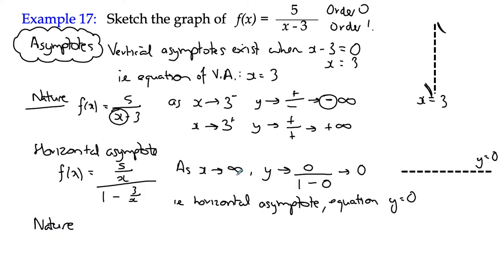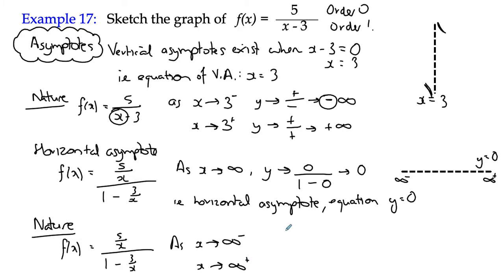What's happening as x is very negative, and what's happening when x is very positive, as in tending to negative infinity or positive infinity? So for the nature, we have to look again at the original function, or rather, it's probably better to look at our amended function here: 5 over x over 1 minus 3 over x. So we've already kind of looked at it, so we'll re-examine it from the point of view of what happens as x tends to negative infinity and towards positive infinity.